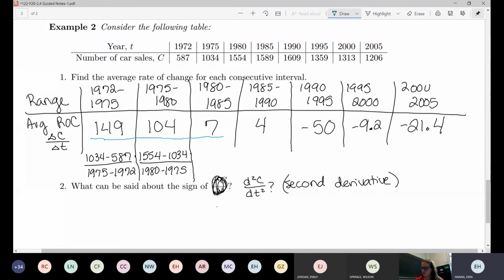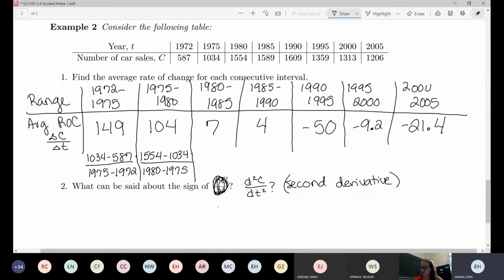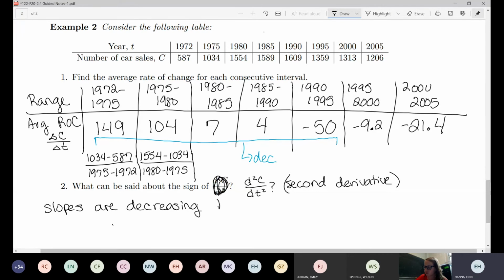All the way down to negative 50. So that entire piece, those slopes are decreasing. Those values are going down. So let me write some stuff out. Slopes are decreasing between essentially 1972 to 1995.